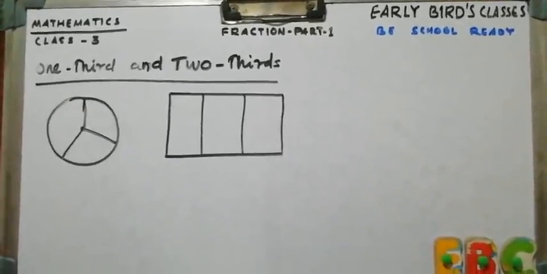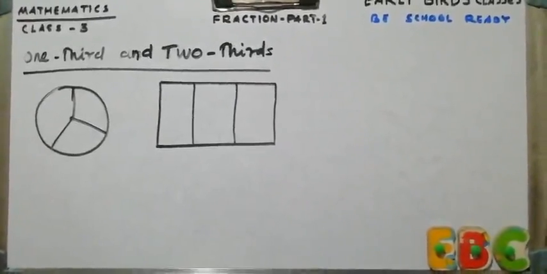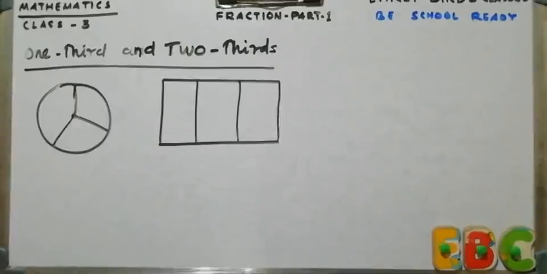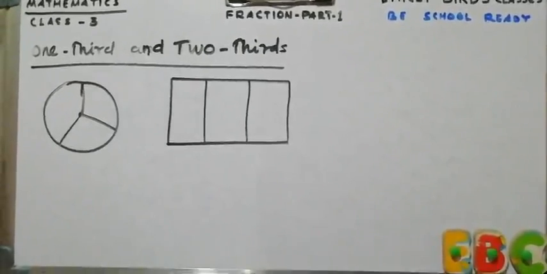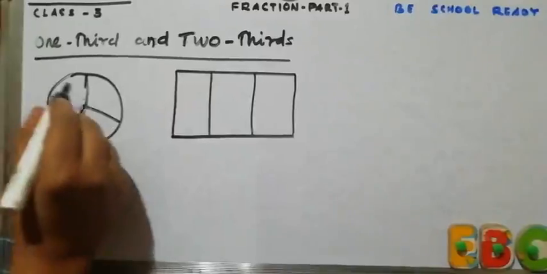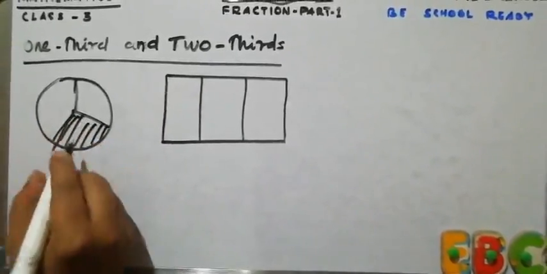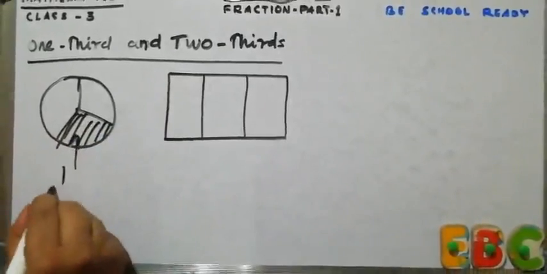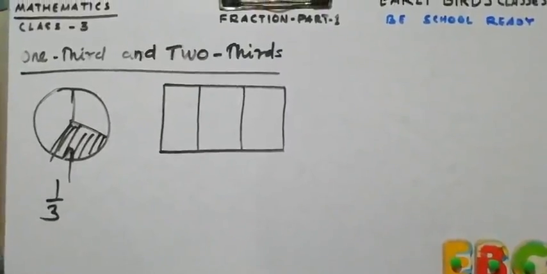Now if an object is equally divided into 3 parts, then each part will be 1/3 of whole. So here this is divided equally in 3 parts, so each part will be 1/3.